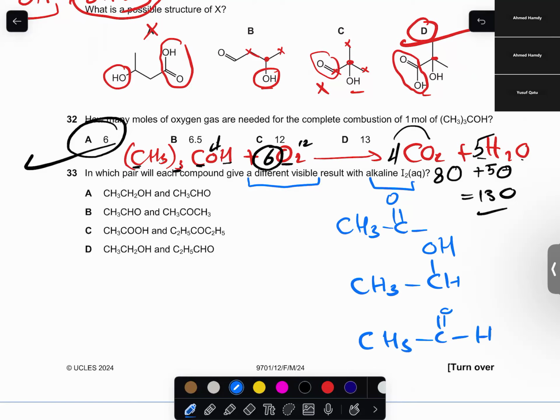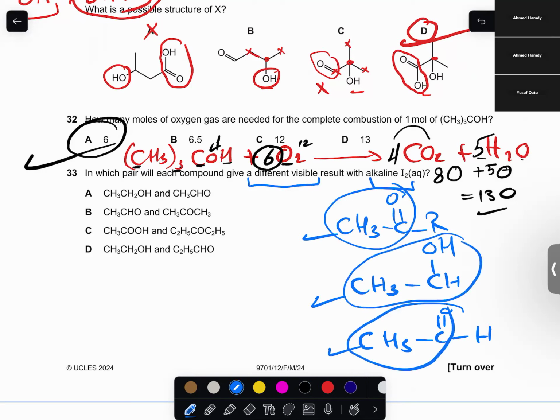If the compound is a ketone, alcohol, or aldehyde containing this group at the beginning, it gives a positive result. This one gives a positive result, and this one also gives a positive result, so there is no different visible result.